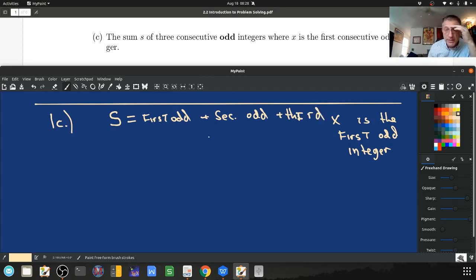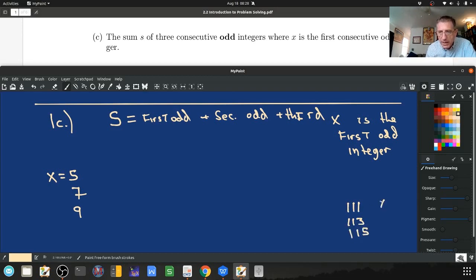So let's give an example. If x is equal to 5, my next odd integer would be 7, and the one after that would be 9. On the other hand, if my first odd integer was 111, the next after that would be 113, and the next after that would be 115.